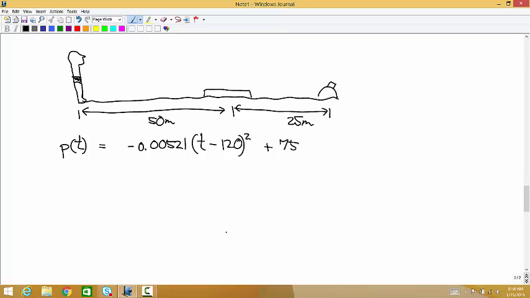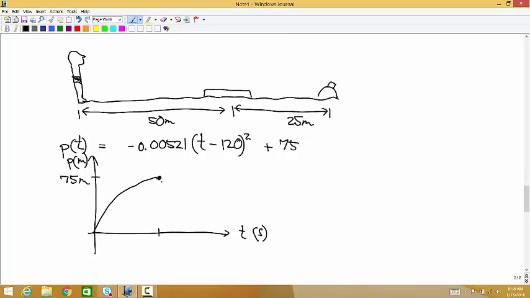So if you plot this motion, it's a parabola that starts at 0, 0 and gets back, I guess this time the swimmer gets back to the shore at 240 seconds.